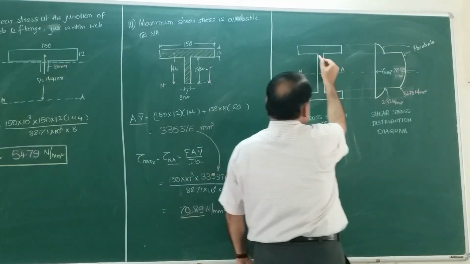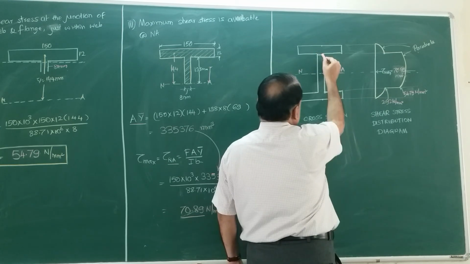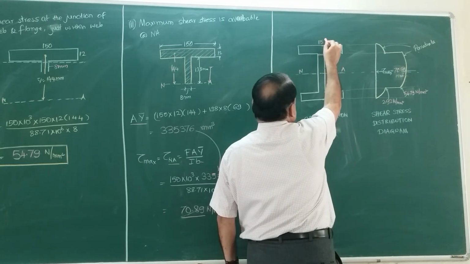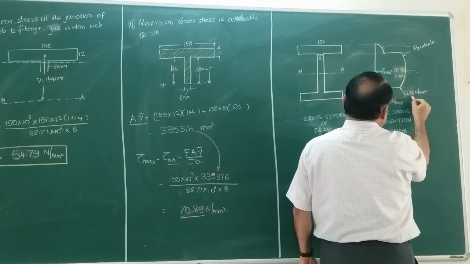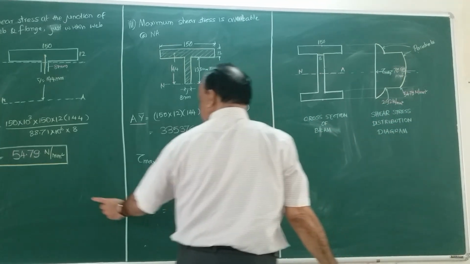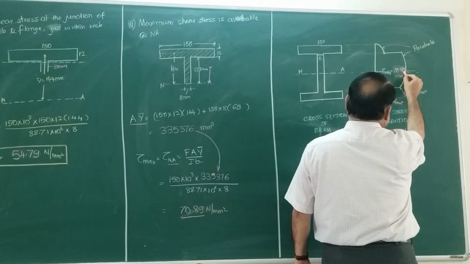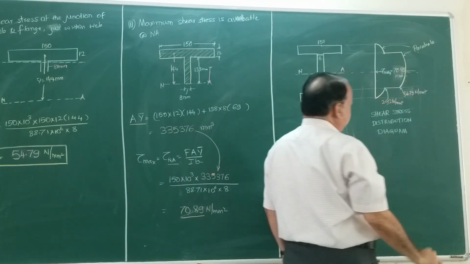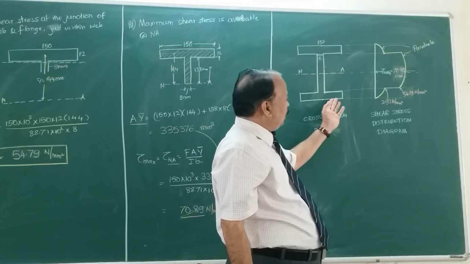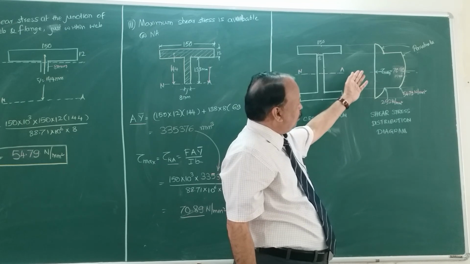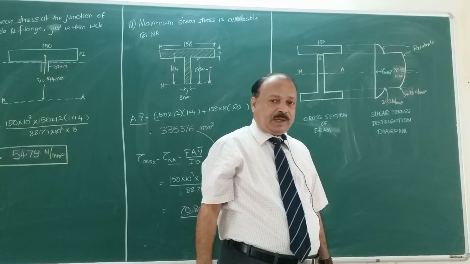Then at the web, as the beam width decreases from 150 millimeter to 8 millimeter, it jumps to 54.79, that is this one. Then at the neutral axis it is 70.89 Newton per millimeter square. So after every calculation of the problem, you have to draw the shear stress diagram. Okay, thank you.